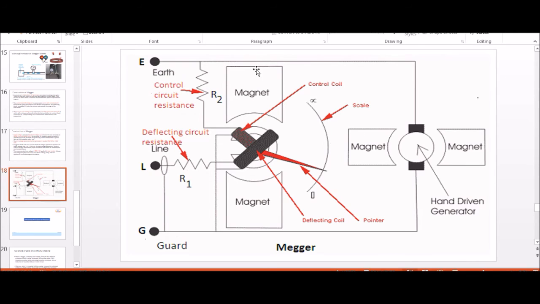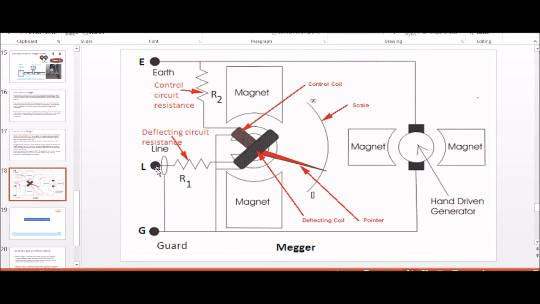A coil is actually parallel to your insulation, so it is kind of producing the effect of V. It is in parallel combination to your insulation. You can see the resistance, then it is connected with the needle, and then it is going back towards your hand driven generator. Similarly, there's another set of winding which is in series with your insulation.